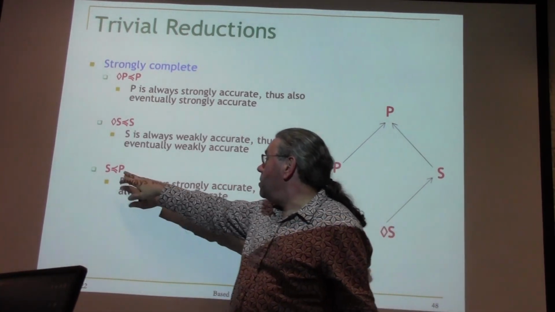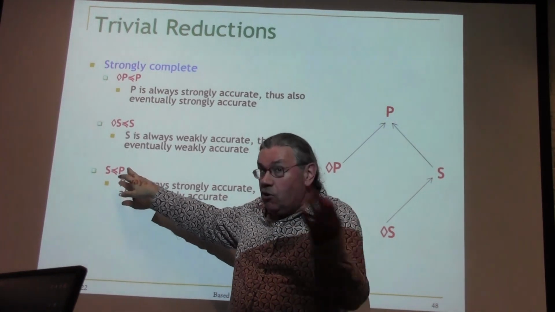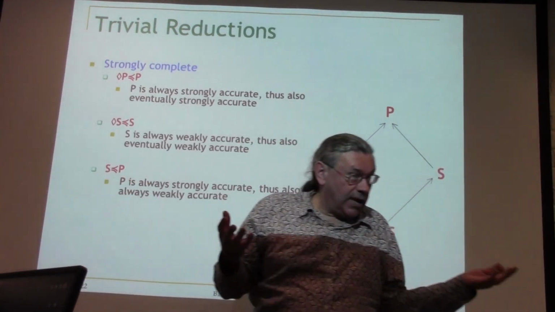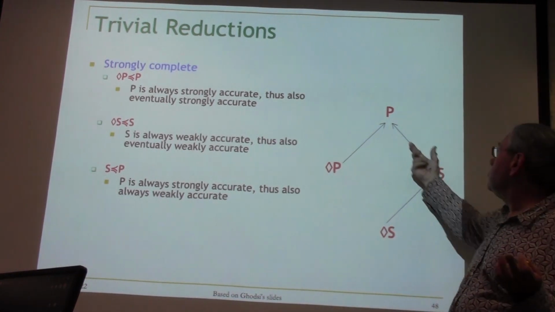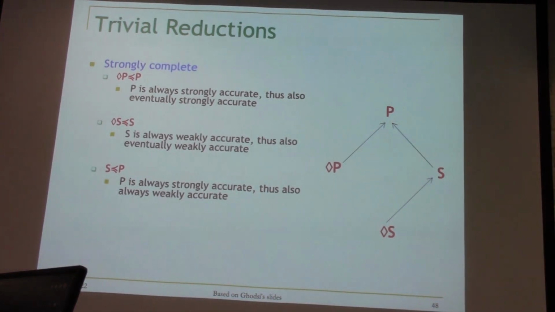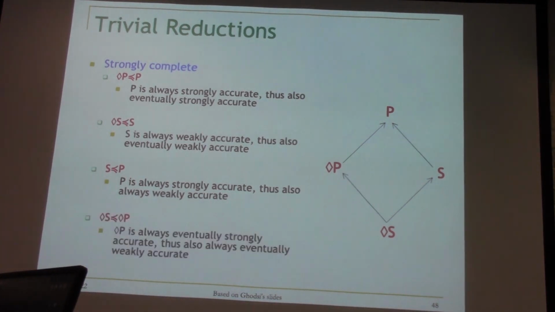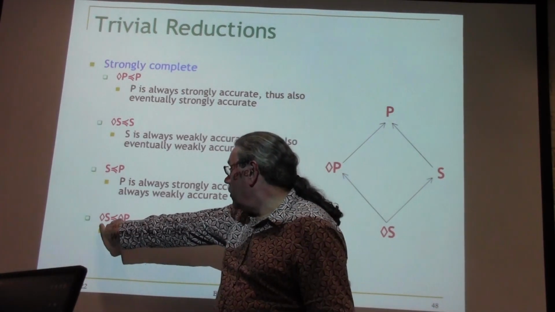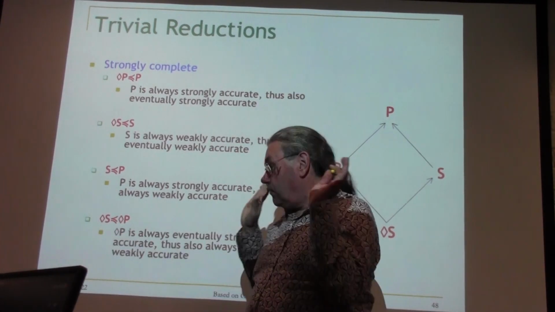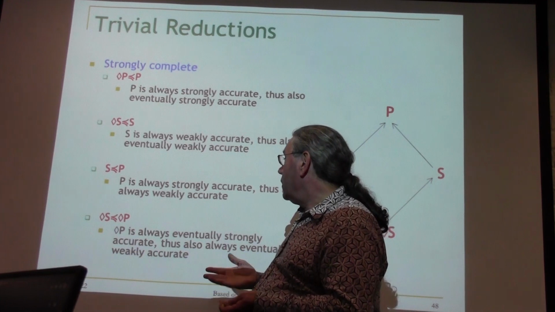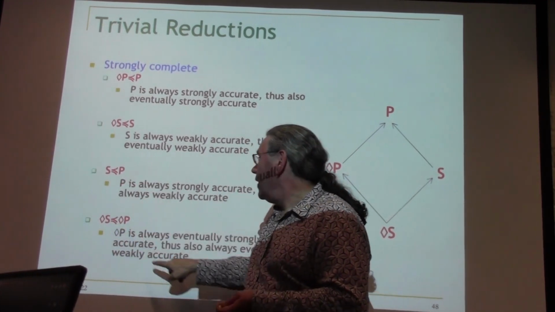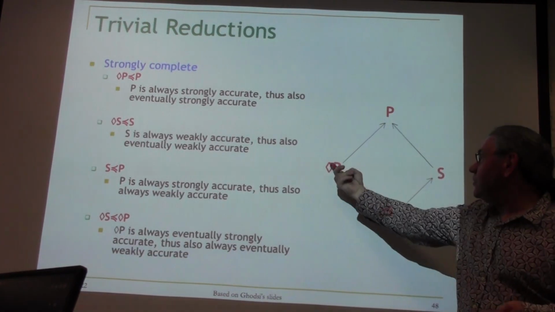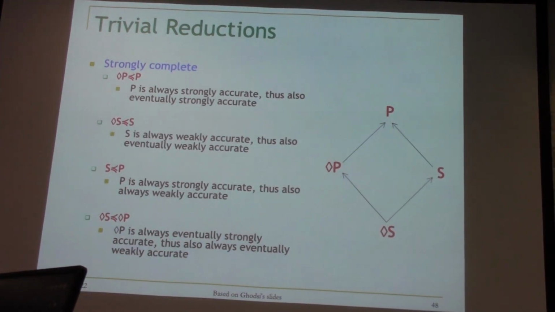So clearly, if I have P, I can just pick any old node in there, and it'll be doing S. So that means S reduces to P. And the two eventual ones the same. In the beginning, both of them will be weird, so that's fine. But eventually, they'll be doing this. So that is also a reduction that works. You see that?